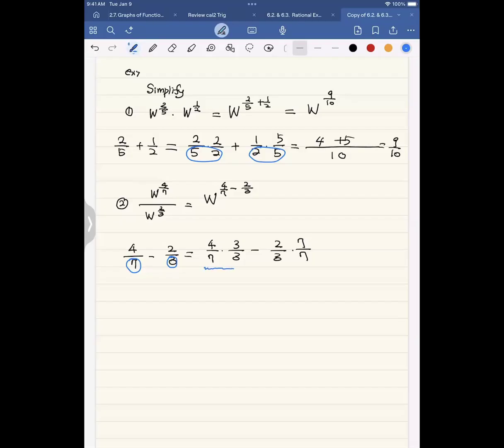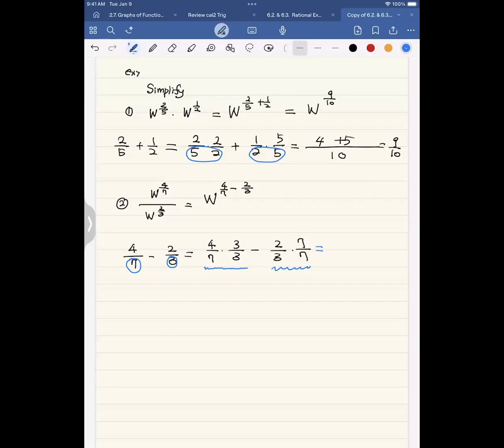So in the first fraction, 3 is left, so I multiplied 3 to the numerator and denominator. Similarly, we multiplied 7 to the numerator and denominator to make the denominator 21.